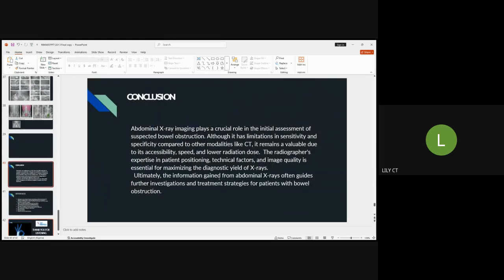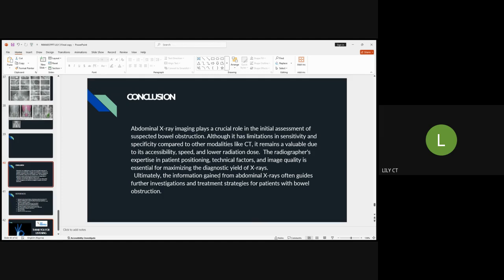So in conclusion, abdominal X-ray imaging plays a crucial role in the initial assessment of suspected bowel obstruction, although it has limitations in sensitivity and specificity compared to other modalities like CT. It remains valuable due to its accessibility, speed, and lower radiation dose.